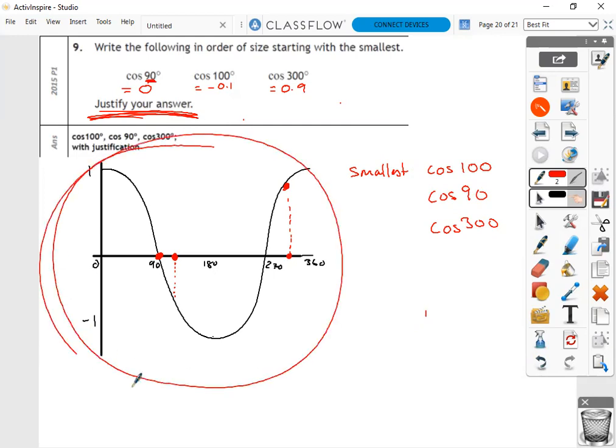Justification is that drawing. You don't need to write an essay for justification, it's just that drawing. Something could happen with the sine as well.